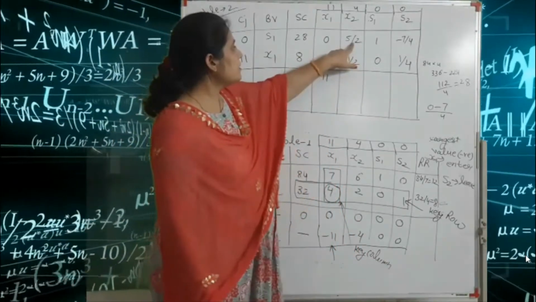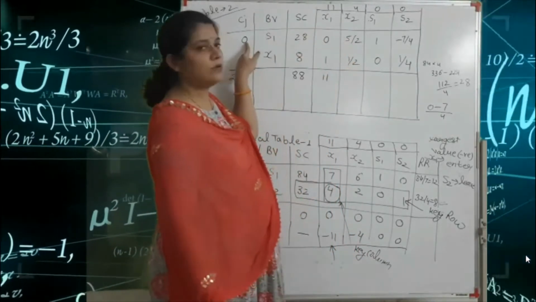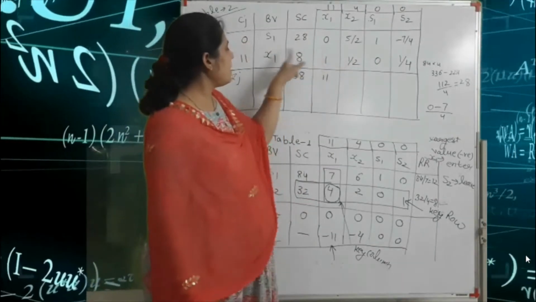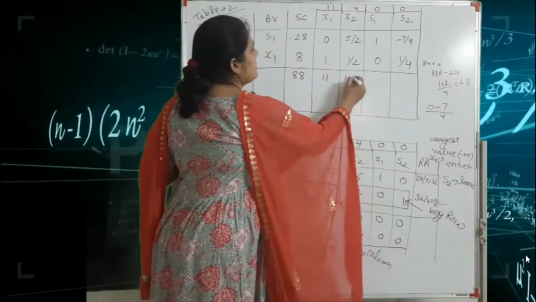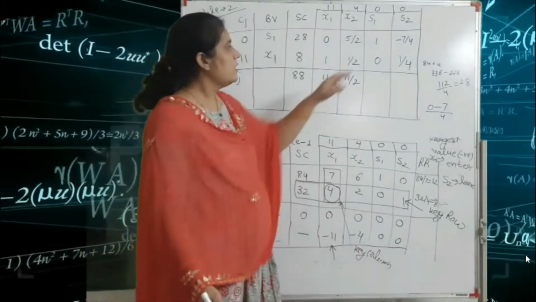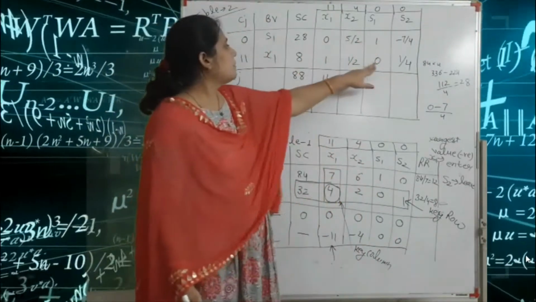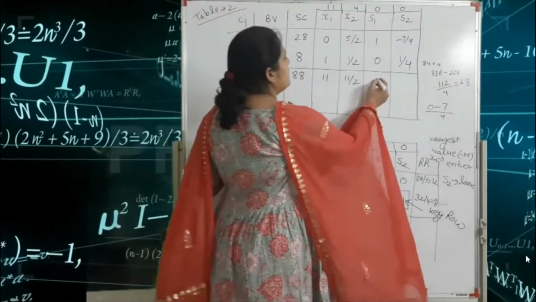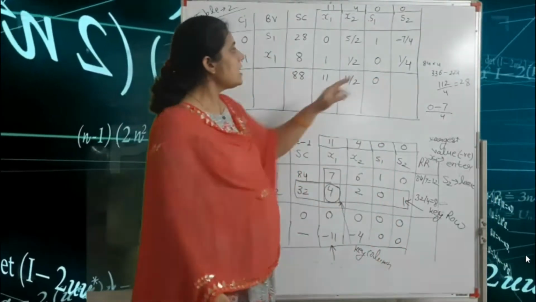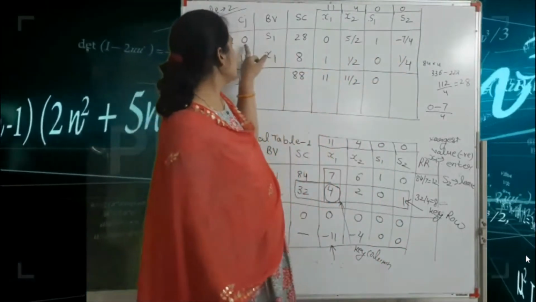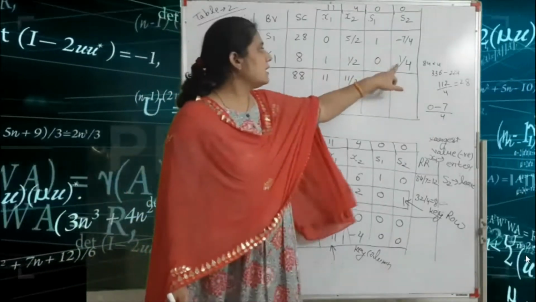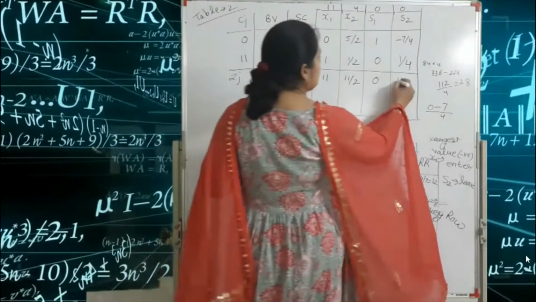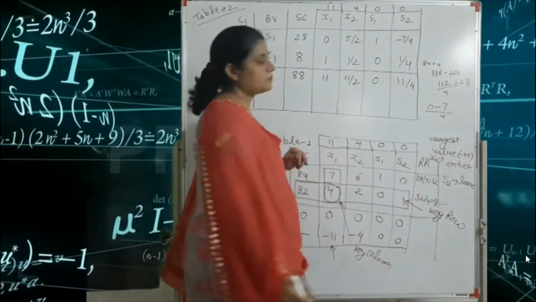Okay, 5 by 2 into 0 is 0, plus 11 into 1 by 2 means 11 by 2. Okay, 1 into 0 plus 0 into 11 means 0. Okay, minus 7 by 4 into 0 plus 11 into 1 by 4 means 11 by 4.